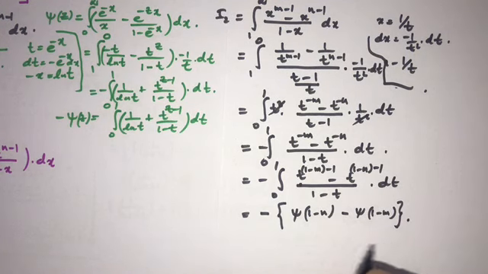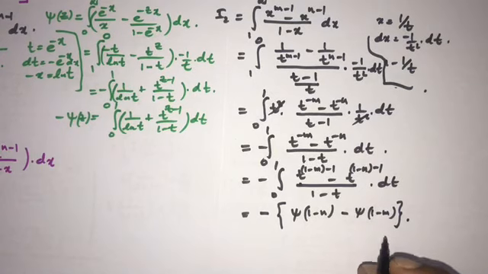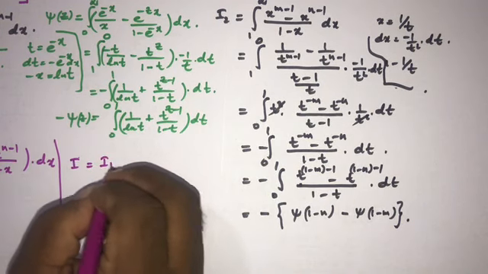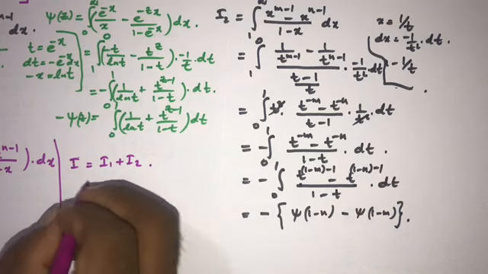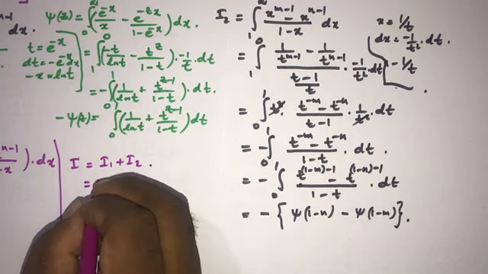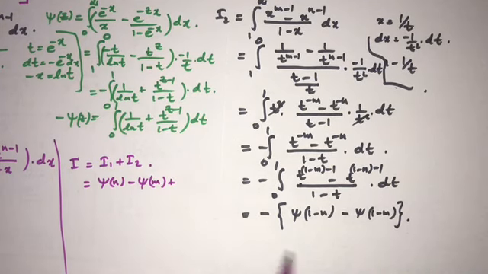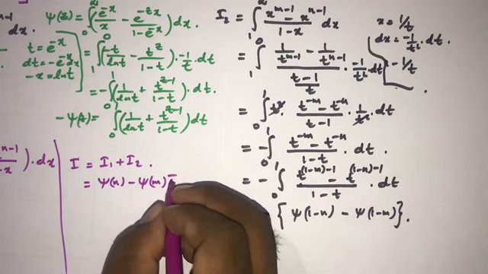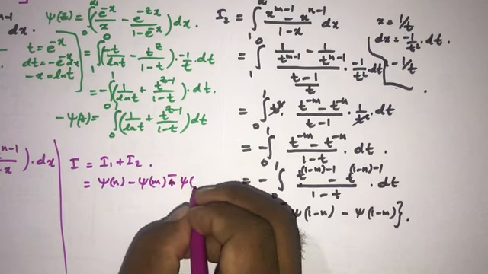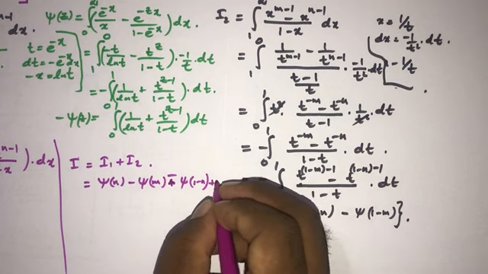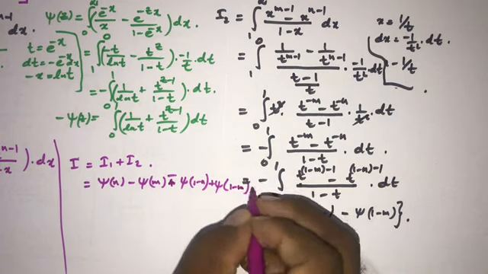Okay, now I1 plus I2, I'm going to write here. Now I is equal to I1 plus I2, so I1 is equal to digamma of n minus digamma of m, plus I2, which has a minus sign, so minus digamma of 1 minus n, and plus digamma of 1 minus m.